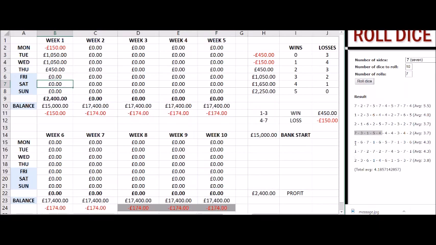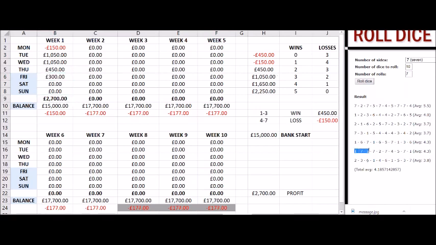So we get to Friday. So Friday, I had 2 wins, which was £450. I'm pushing on, but then the next one is a loss, so that makes it a £300 Friday.